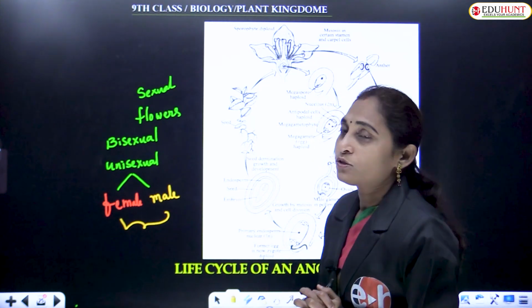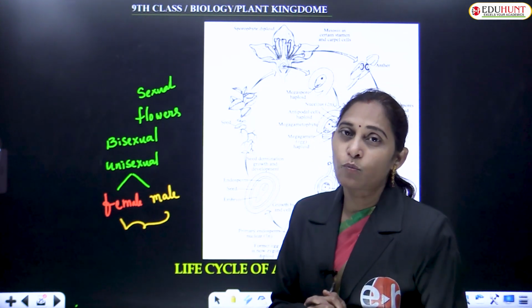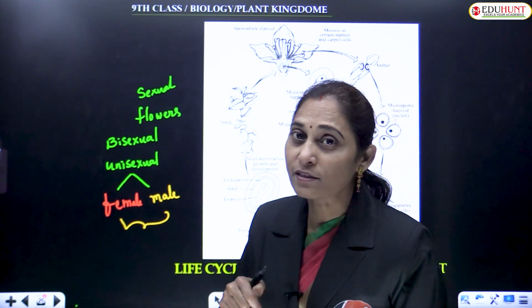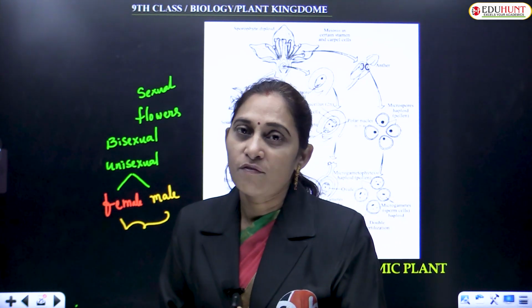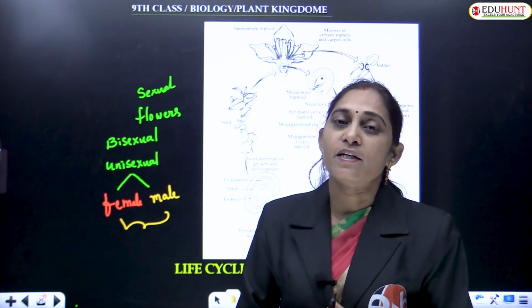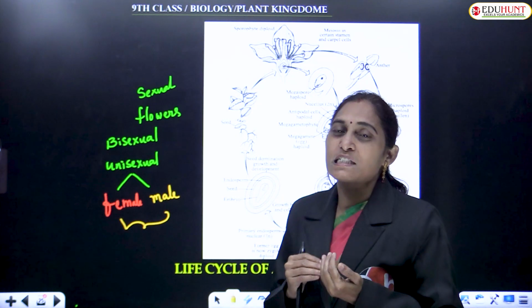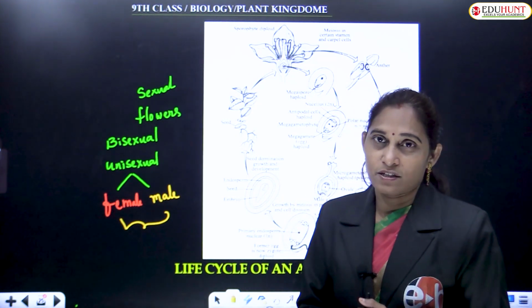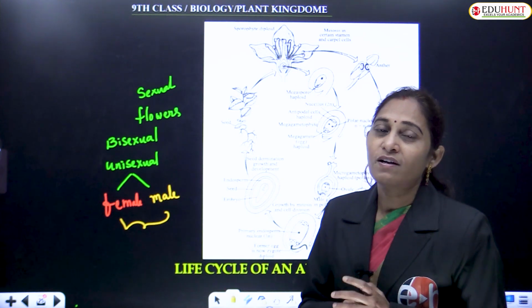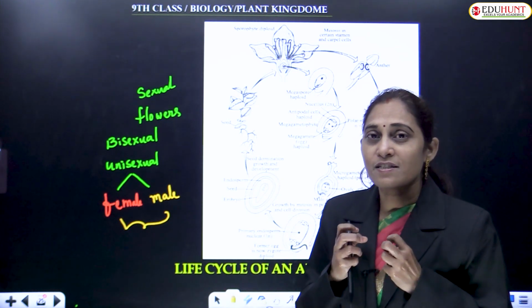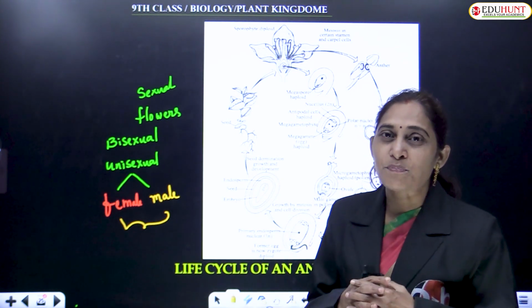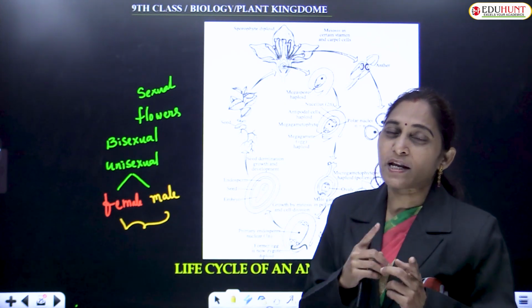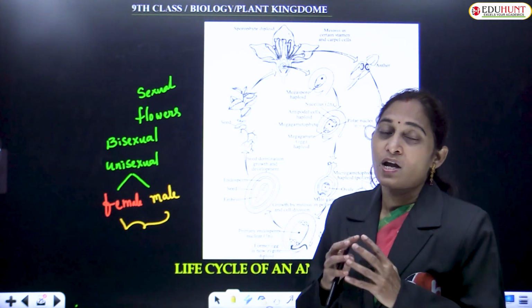These 2 whorls of the flower are not directly involved in the reproduction. They are meant for protection and pollination.